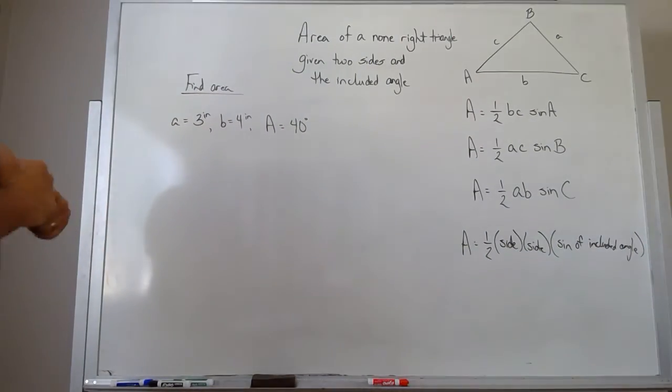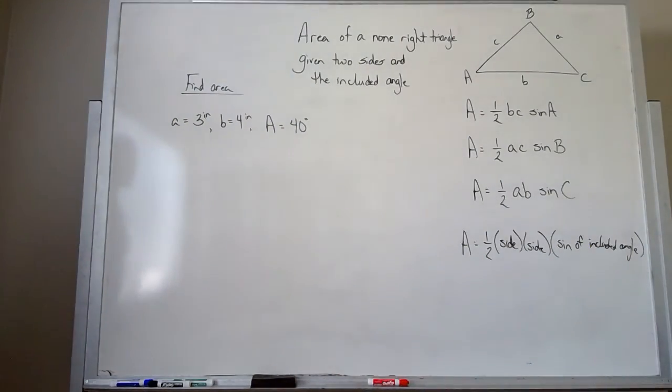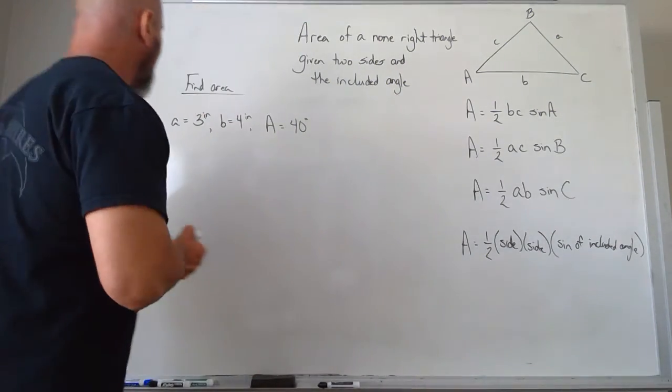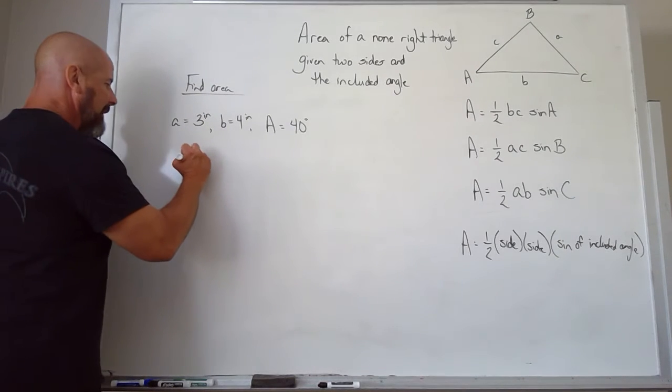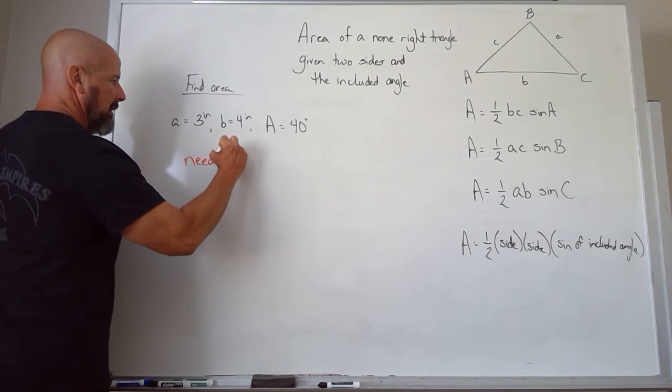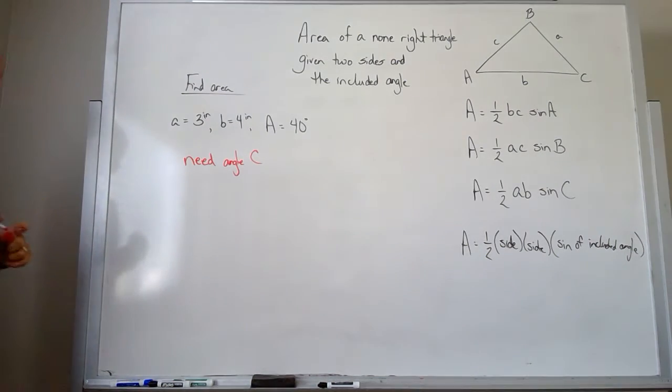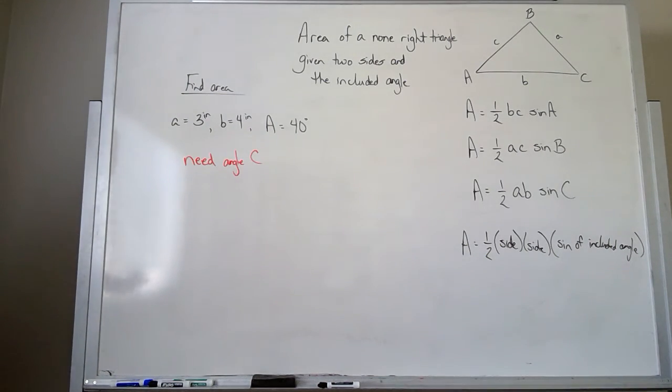Well, I look up there and, oh wait a minute, here's my thought process: A is not between A and B. So this would be a case where if I have the two sides A and B, I need angle C. Now, since I was not given another angle, I can't just subtract from 180. That's okay, because I can still find angle C.